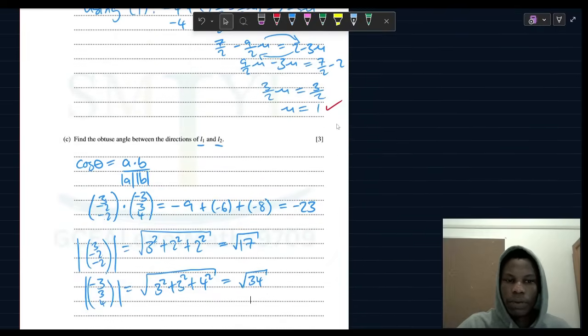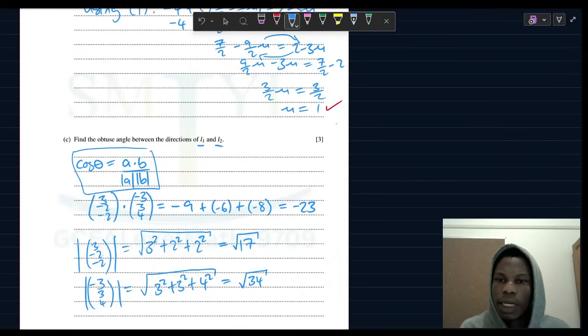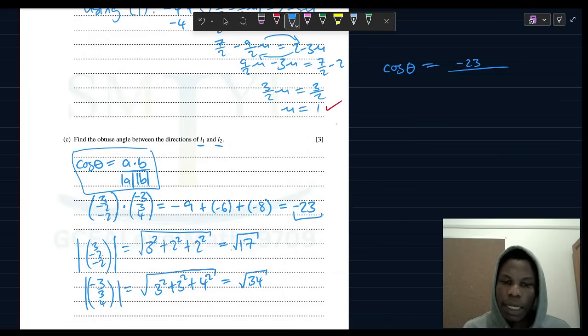And so now at this point, we can just substitute into this equation here and solve for theta. So we have that cosine of theta is equal to the dot product, which is negative 23, divided by the product of the moduli, so root 17 times root 34.